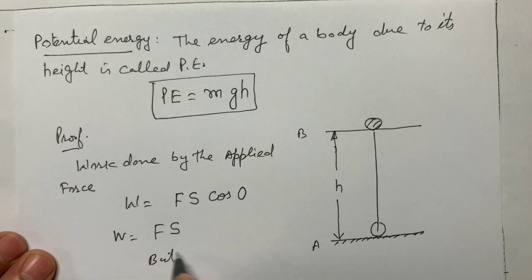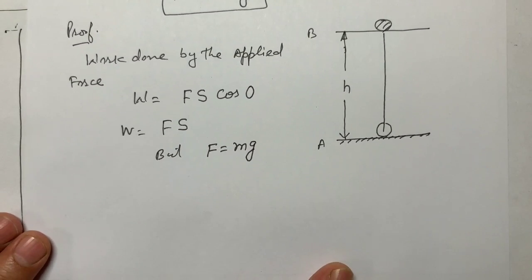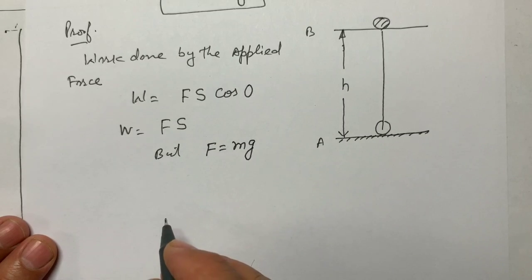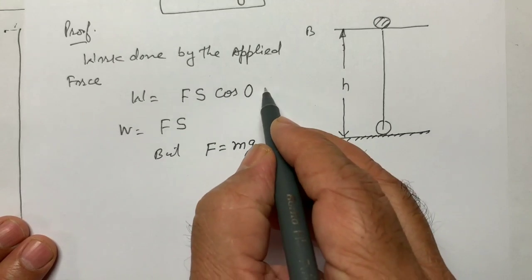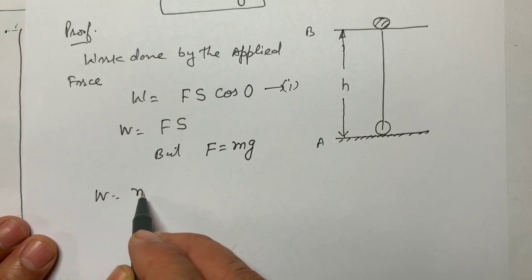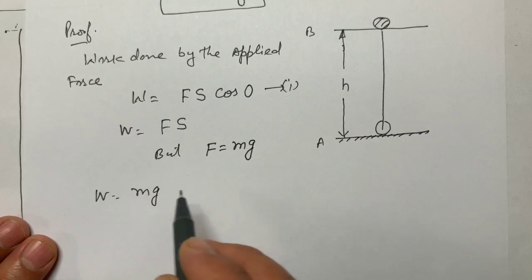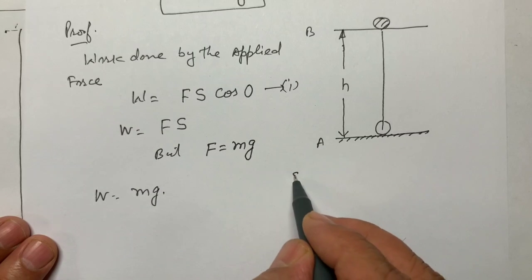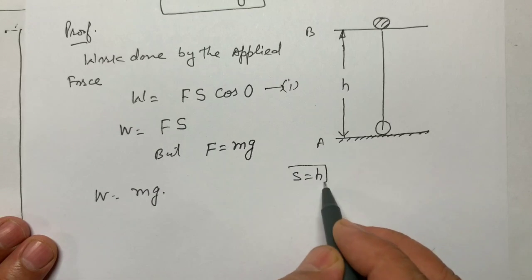But how much force is needed for a constant speed? The applied force must be equal to the weight of the body, that is mg. So if we put in first, you get W is equal to mg into S. Here S is equal to h.